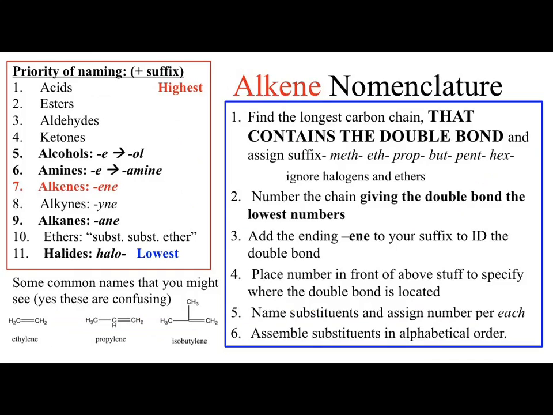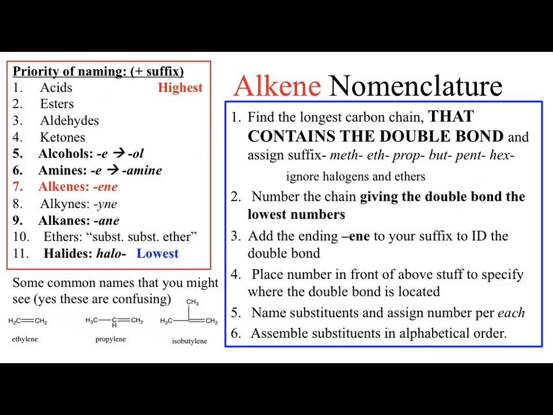Which of those is the most important? Alkenes. So when I go through to find the longest carbon chain, I want to circle the one that has the most important functional group in it. As far as we're concerned, alkenes are the most important at this stage. Which means when you go through and find your longest chain, make sure you find the chain with the alkene in it. Okay? Once you've got that highlighted, you can go through and assign your prefix.